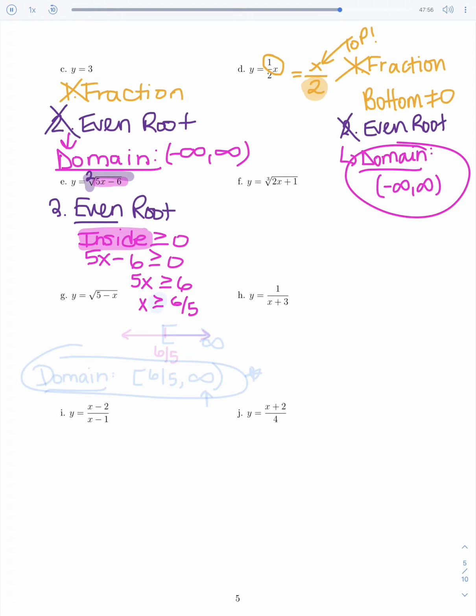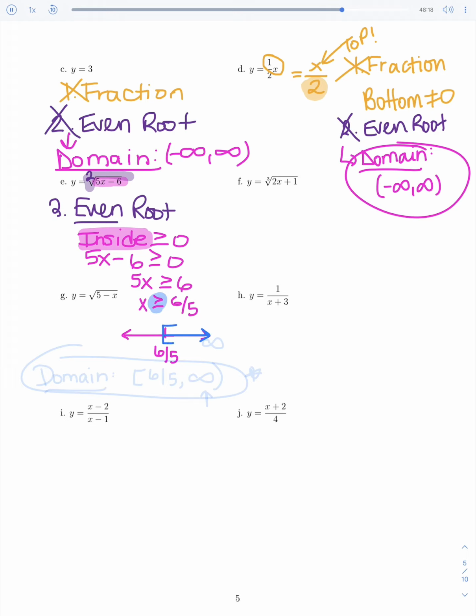You have to actually draw a picture and figure out what this means. So let's draw a picture. Here's our 6/5. Remember that we have a greater than or equal to, which means we're going to point to the right because it's greater than. The equal to, though, means I'm going to have a bracket pointing to the right.